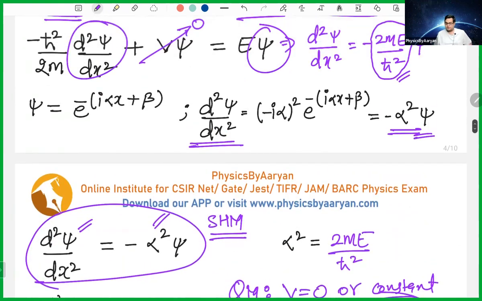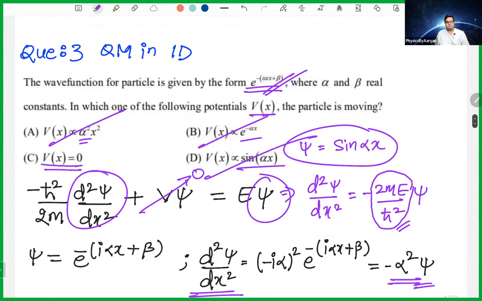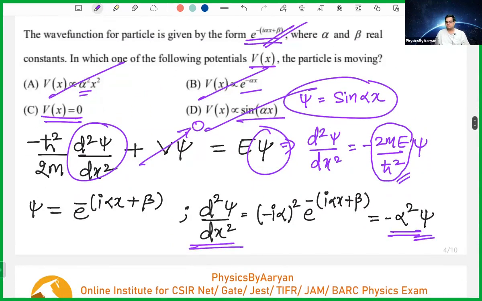If your potentials are doing some zigzag motions like this or this or this, then you cannot have perfect oscillating solutions as we are having here. So in order to match our equation with the Schrodinger equation, potential must go to 0. And that is why option C is correct in this case.